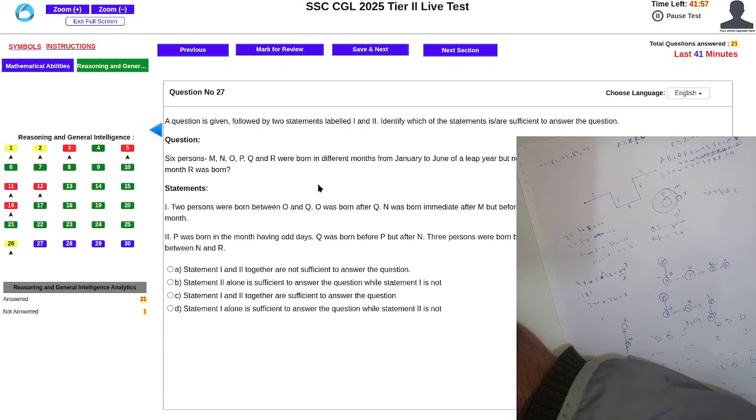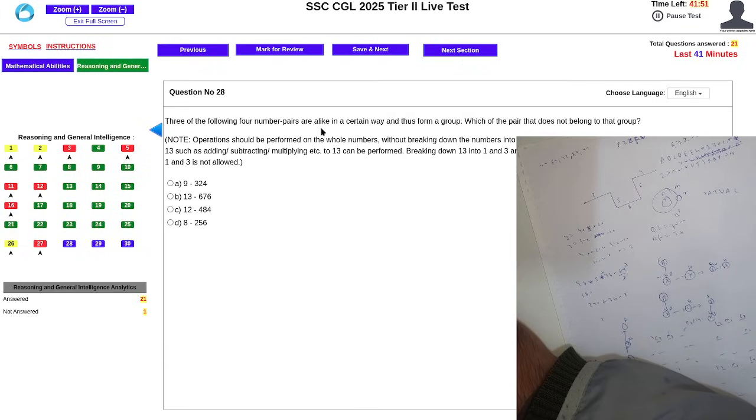6 persons were born in different months. Following phone numbers in certain years form a group.